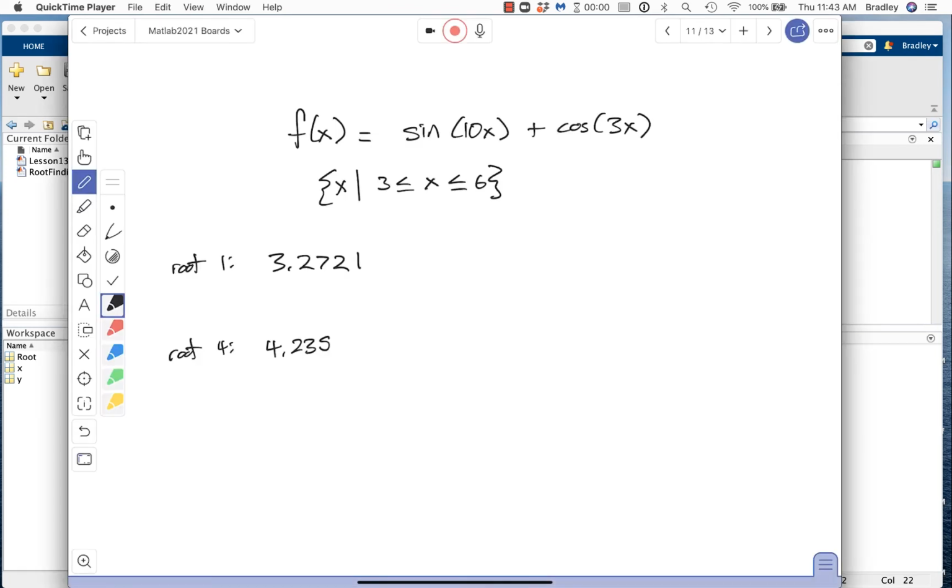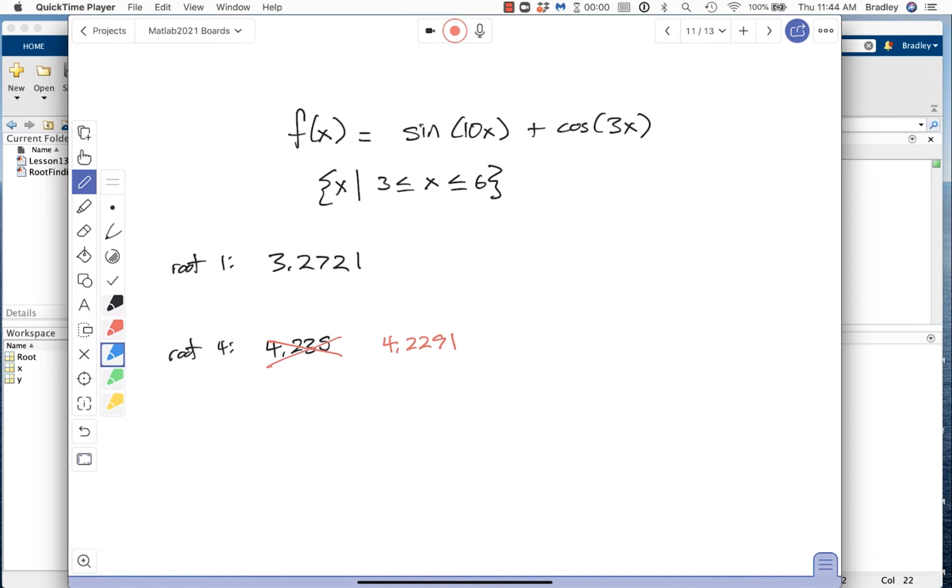Now we've refined this, and so we're going to say it's no longer 4.235, but 4.2291 when we've increased our resolution to 1,000 data points between 3 and 6 instead of the 50. So when using a graphical method, I want to note that the resolution of your x-axis, the horizontal axis, matters greatly in coming up with a good approximation for your roots.